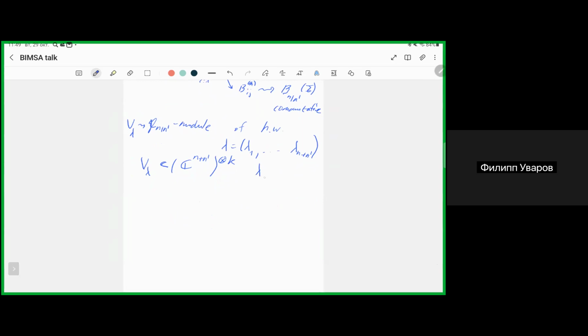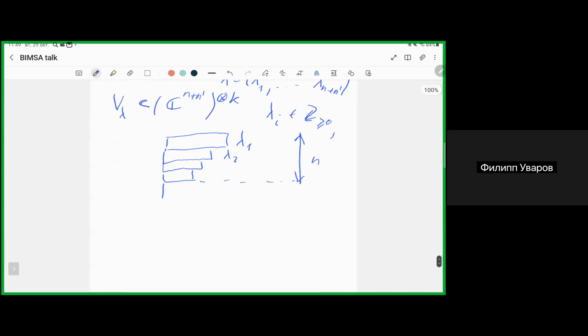Of course, I would like lambda i to be non-negative integers, but an interesting condition is the following. I can first draw a row of lambda 1 boxes, and then a row of lambda 2 boxes, and continue until I get to lambda n. And then I start drawing not rows, but columns.